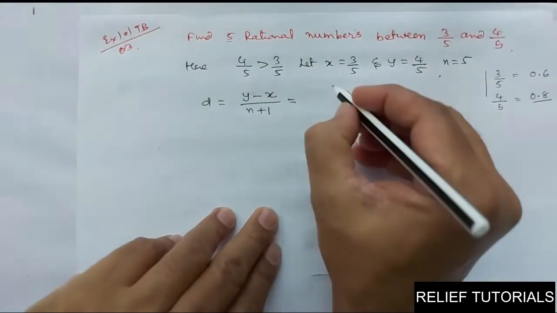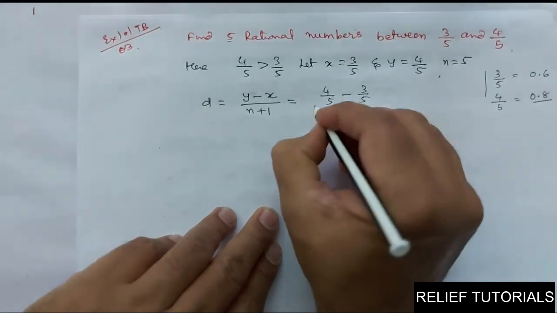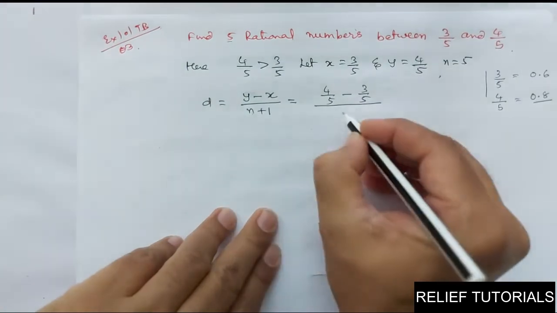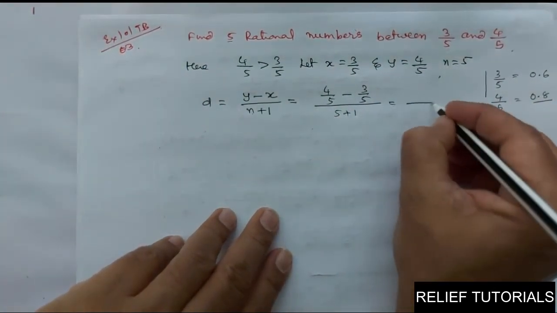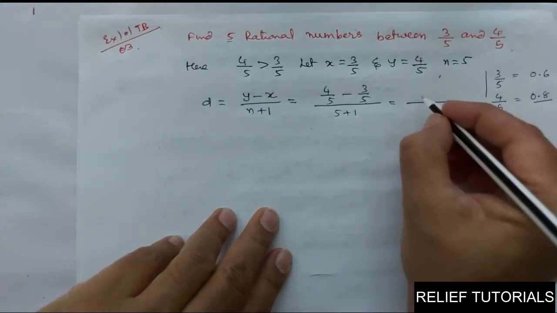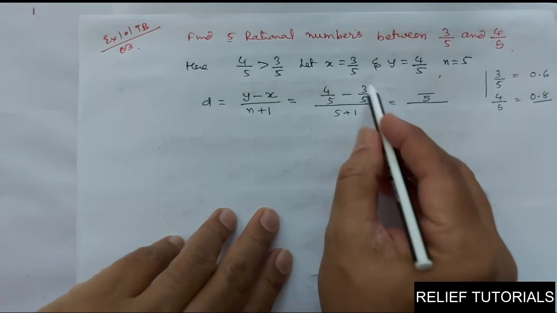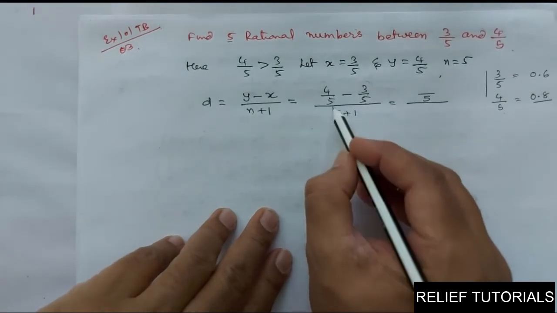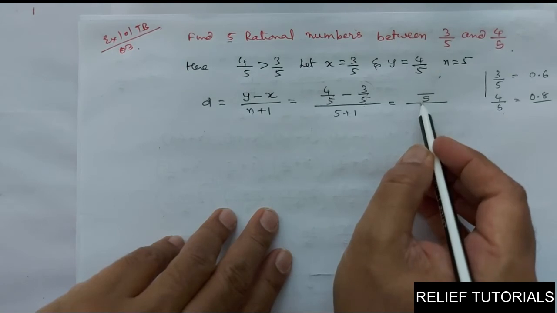So what is d here? y is 4 by 5 minus x, 3 by 5, upon n plus 1, that is 5 plus 1. Here we will find the LCM. LCM is 5. We are talking about the numerator, they are fractions, so if you want to subtract fractions, you have to take the LCM. We have learned this in lower standard.